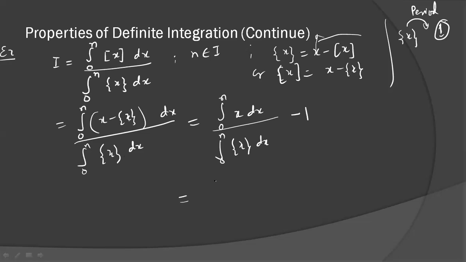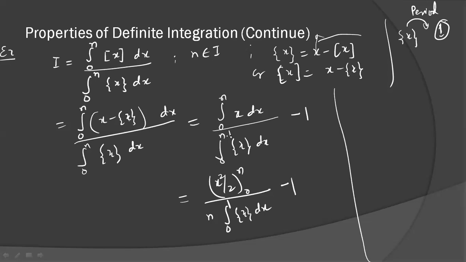Now the integration of x is x square by 2, from 0 to n. And the denominator can be written as n into the integral from 0 to 1, because n is an integer and 1 is the period. So it will be n into the integral 0 to 1 of the fractional part of x dx, minus 1. N can be outside because n is an integer and 1 is the period.